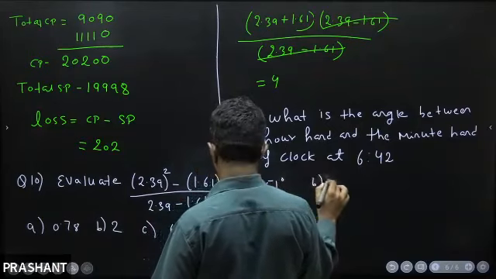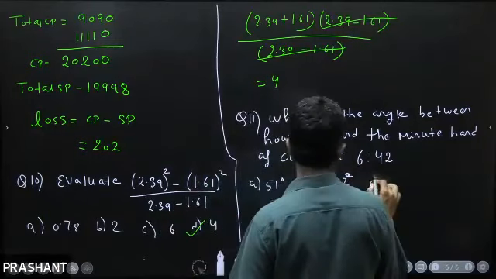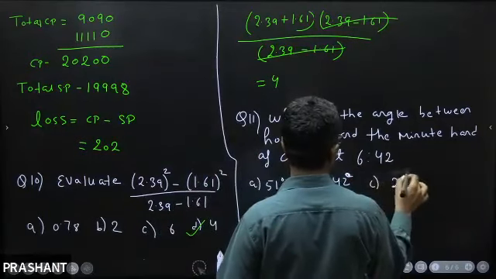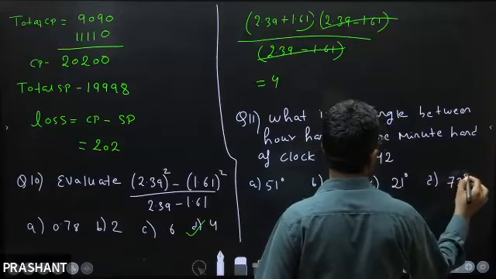Option A 51 degree, option B 42 degree, option C 21 degree, option D 7.